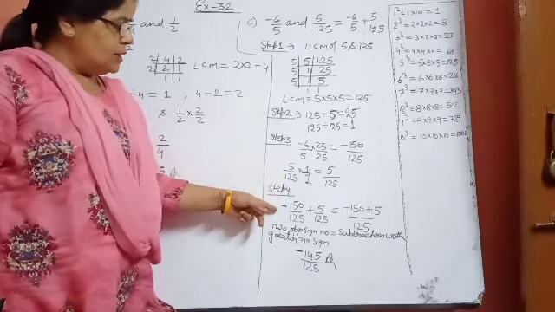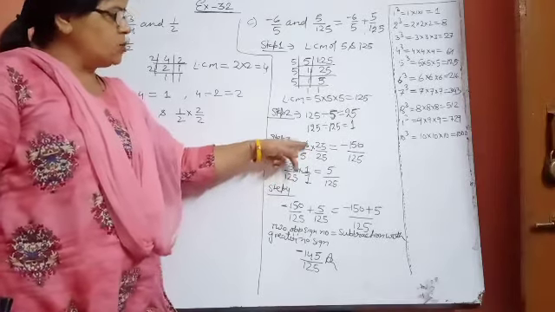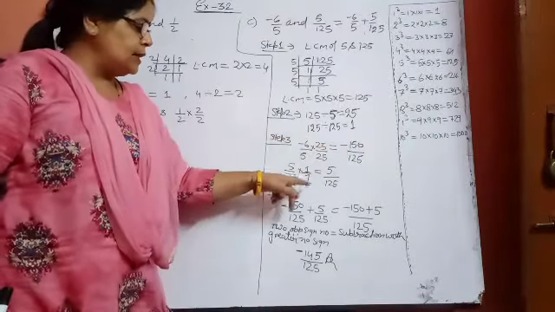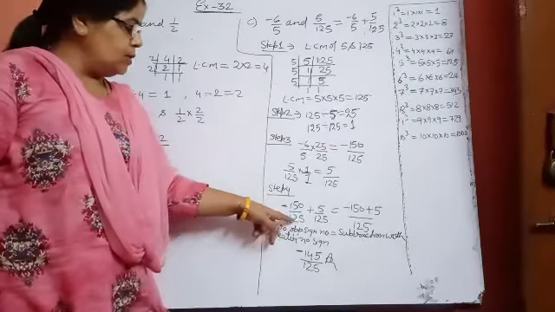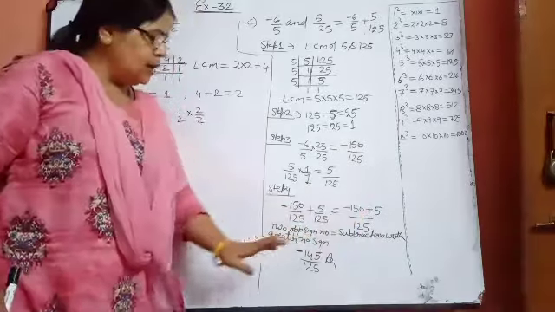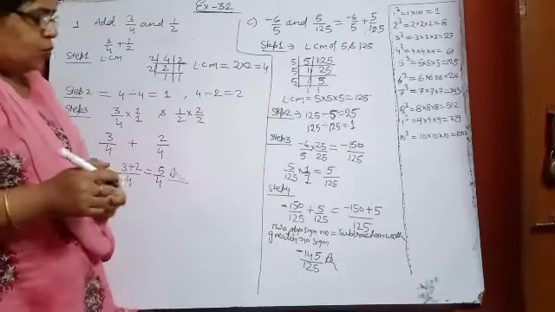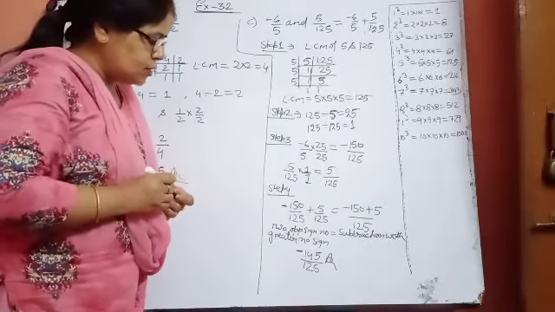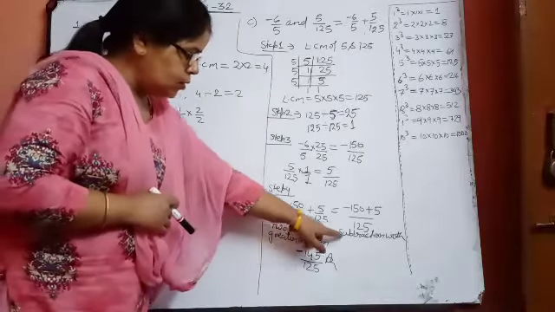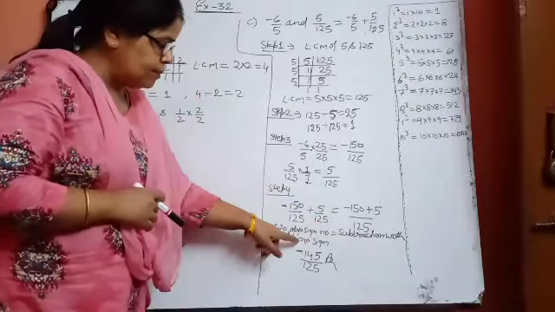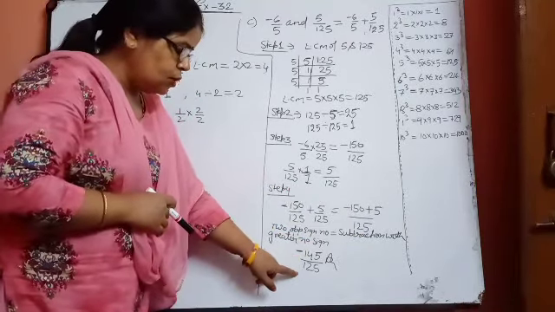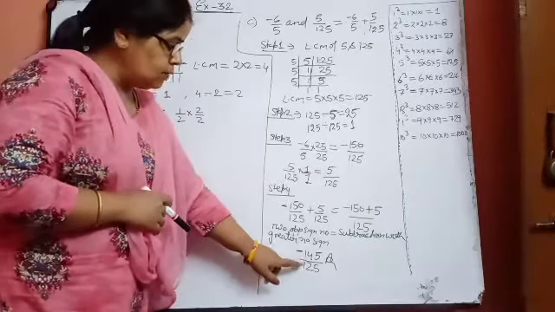After multiplying, whatever form comes, you write it here. In this way your denominators become equal. Then you write them in addition form and apply the rules of addition and subtraction of rational numbers: two opposite sign numbers are always subtracted, with the greater number's sign. I subtracted, and the greater number had a negative sign, so in this way I got minus 145 upon 125.